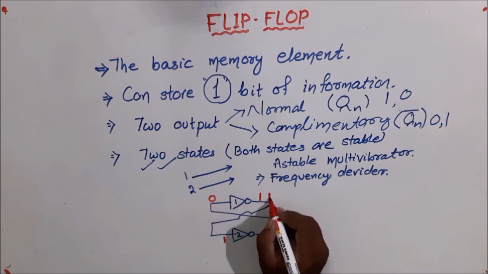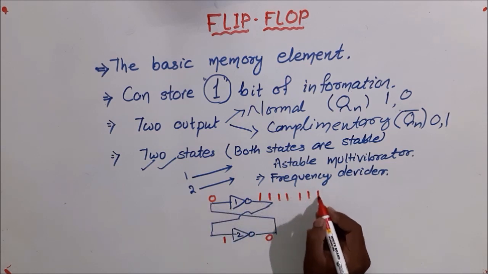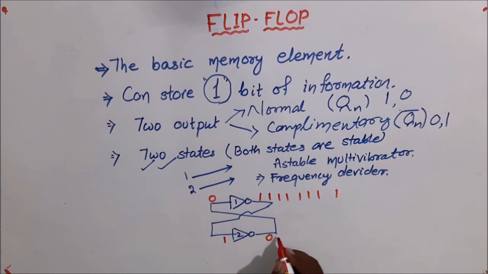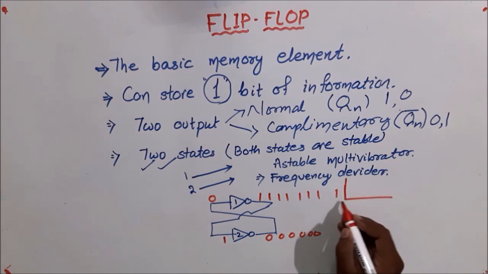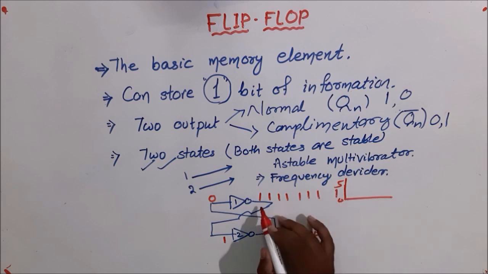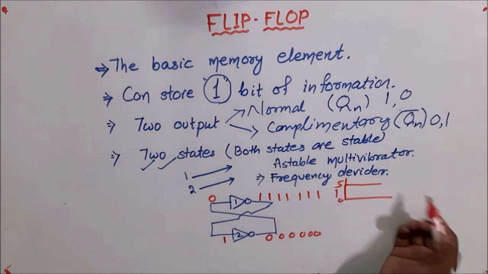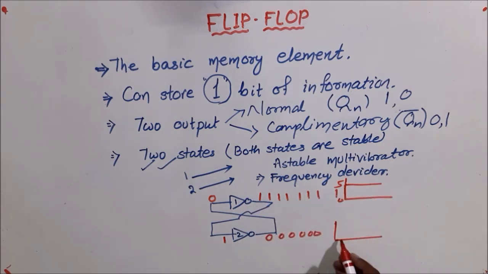So the output of inverter 1 always remains 1, and the output of inverter 2 always remains 0. If the level is 0 to 5 volts, the output of inverter 1 is always high, 5 volts, and the output of inverter 2 is always low, 0 volts.